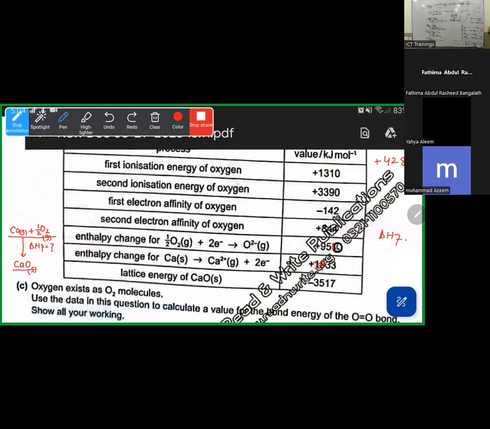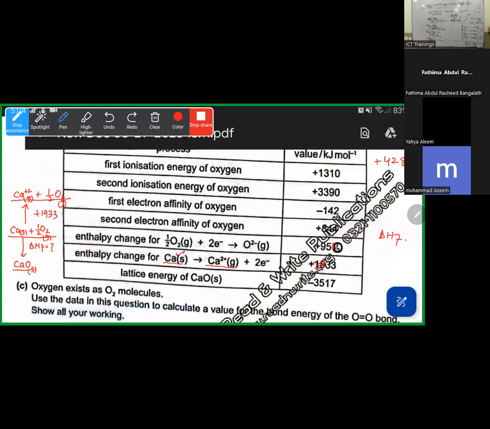Is it clear? Now if you look up here, calcium solid changes into calcium gaseous form. So this whole equation is the sum of atomization, first and second ionization energy. So it's 1933. So you should directly write calcium 2+ gaseous plus half O2 as it is, and this whole value is plus 1933.